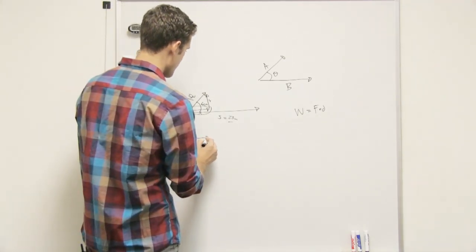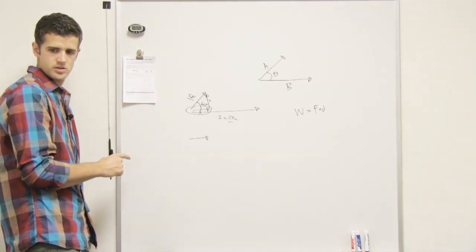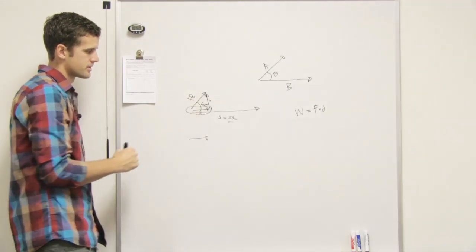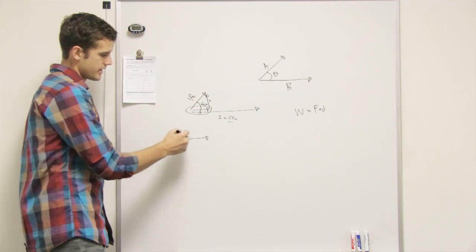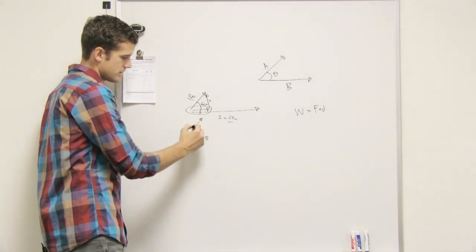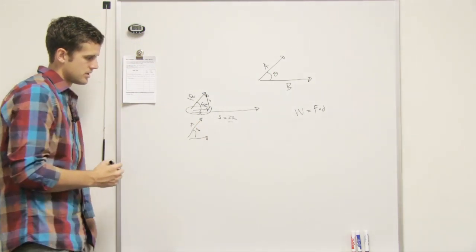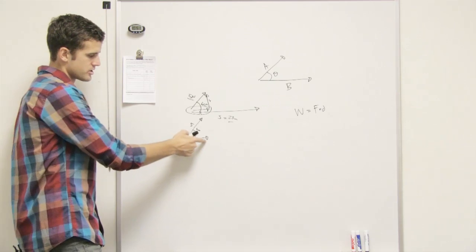So then you have this x component, and what's the x component equal to? Just the x component of the force. So you had a triangle like this, and this was 60 degrees. Just this part of it.